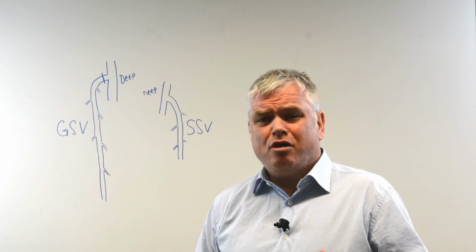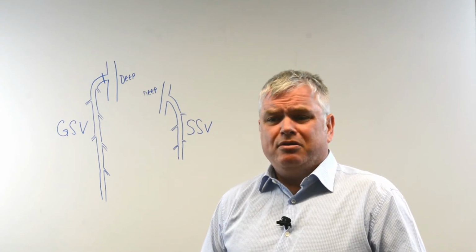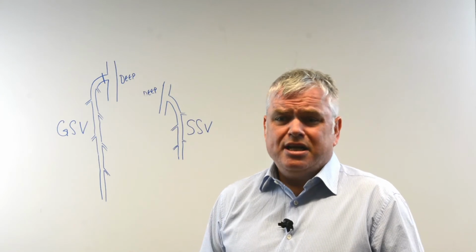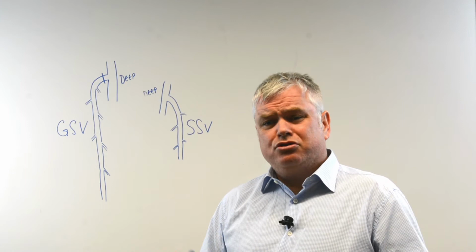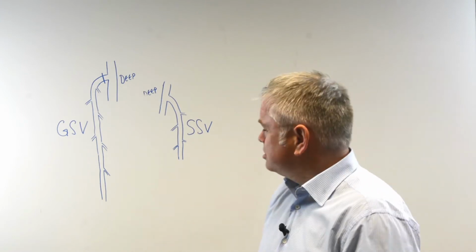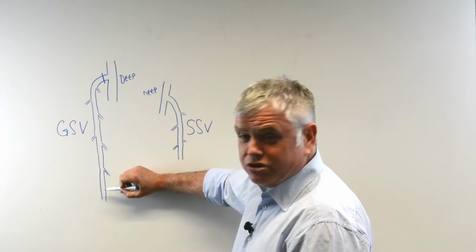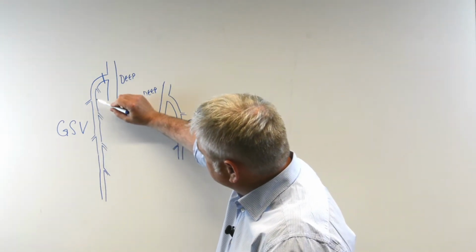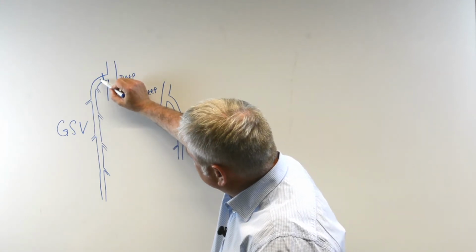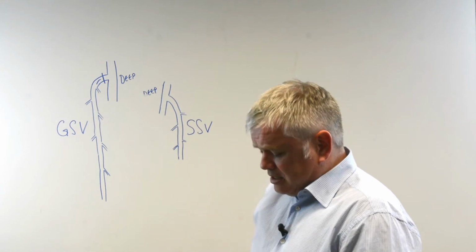Now, the most common of these is called thermal ablation, where an energy source such as a laser is used to damage the inside of the great saphenous vein and cause it to close over. The way that this works is that the laser fibre is introduced under ultrasound guidance around the knee. It's passed up, and the laser tip is parked just adjacent to where the superficial vein enters the deep vein.